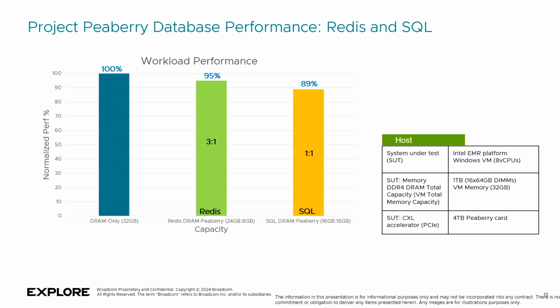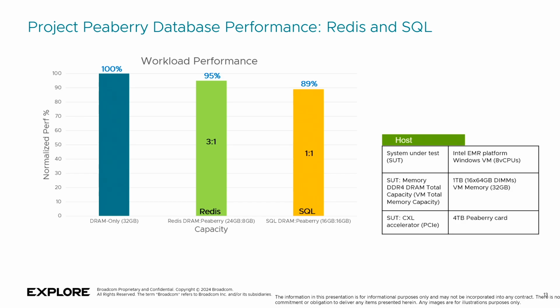When you look at Redis, with a 3:1 DRAM to Peaberry ratio, you see up to 95% of the performance of DRAM. You should recognize that it's not really about getting more performance. It's more about how close to DRAM you can get at this point. So you're getting up to 95% of DRAM performance with Redis.